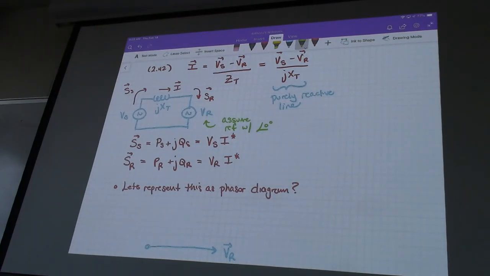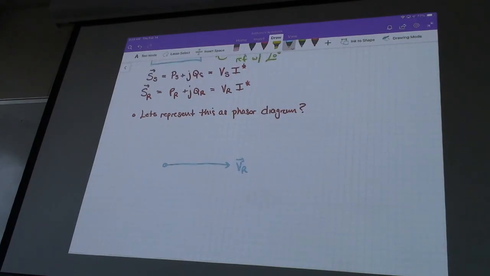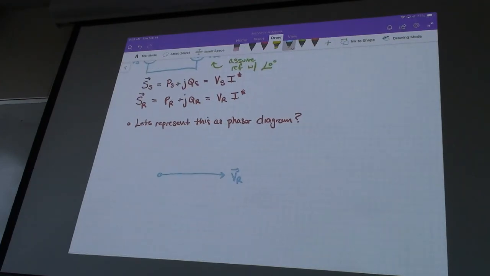So for this one, we're going to assume that VR has an angle of 0. That means that the separation between VR and VS we're going to call delta.